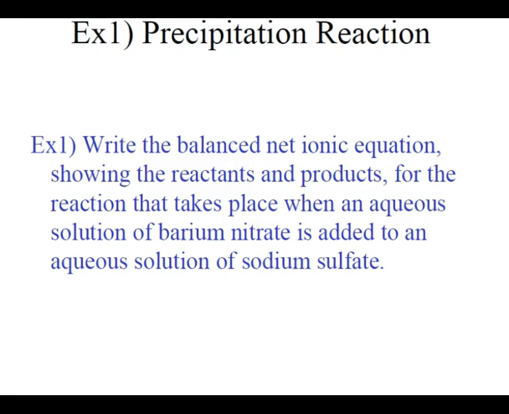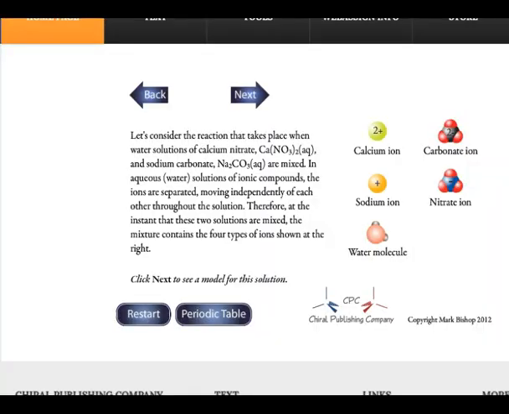So how do we deal with these precipitation reactions? Well, first, before we look at an example, I want to look at a picture of what's happening, and then we'll get into what we would do in terms of writing them. In this animation, we have sodium nitrate, which you'll see with the yellow dot, and the nitrates, the blue and the red, and calcium carbonate.